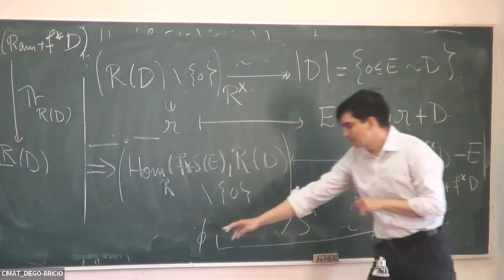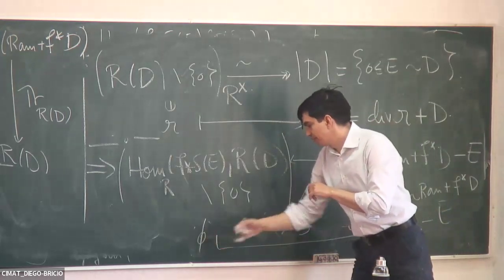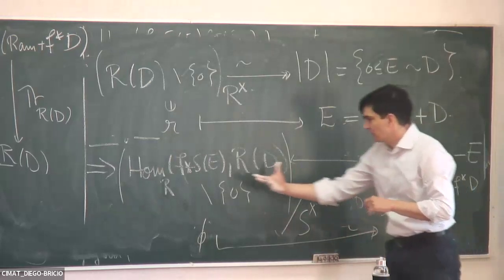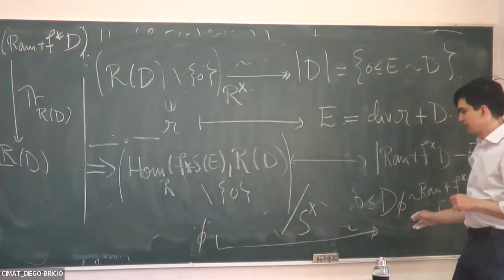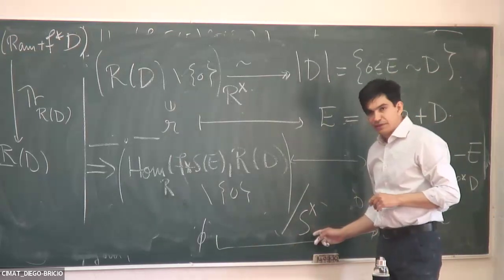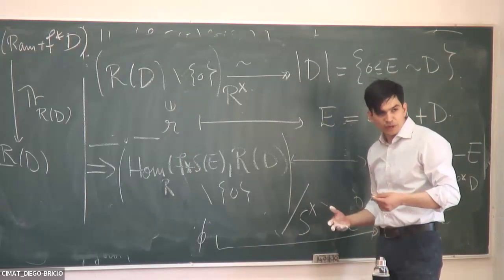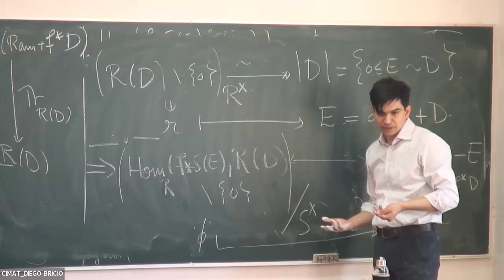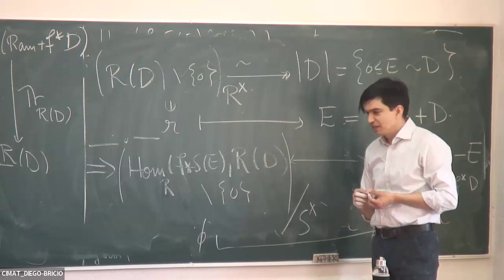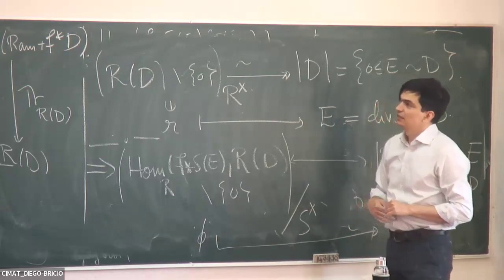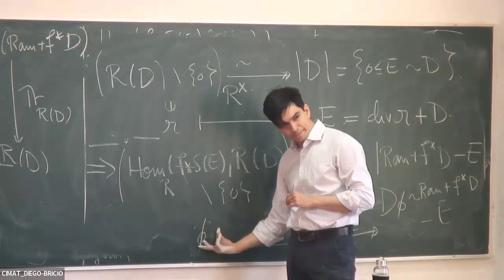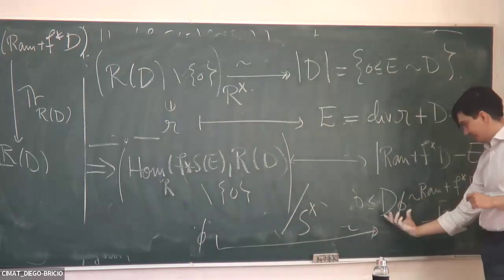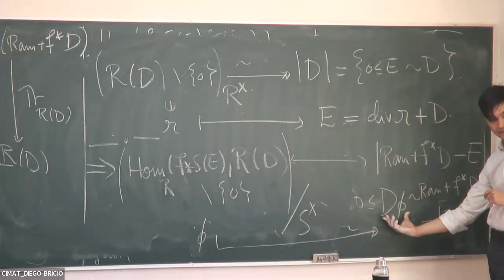Any divisor with this property is going to come from here, and two phis define the same divisor if and only if they are a multiple of one another by a unit.